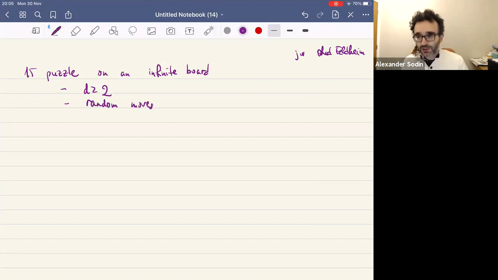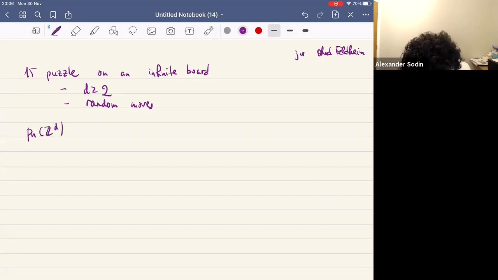At every step, we pick one of the 2d squares adjacent to the empty one, and we move it onto the empty square at random. In other words, we get a process driven by the usual d-dimensional random walk. So let's denote by P_n of Z^d the probability that after n steps we return to the original configuration.